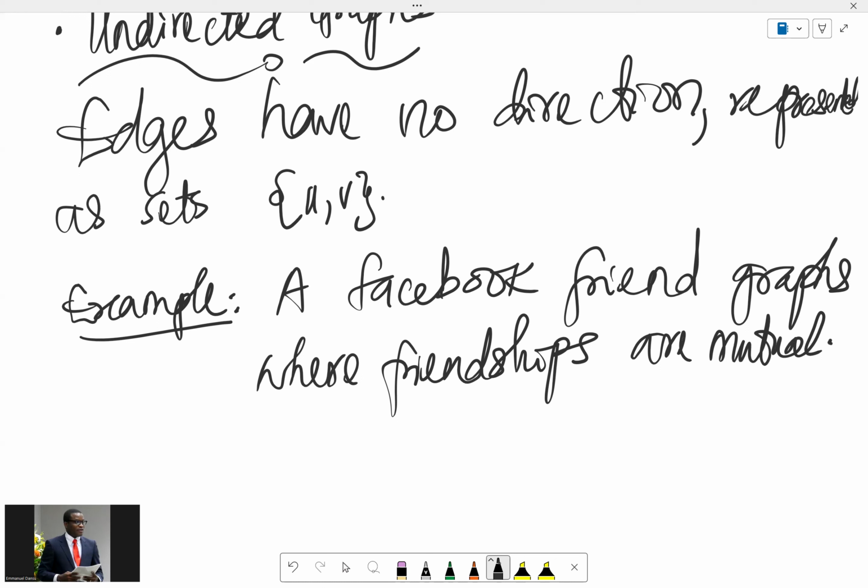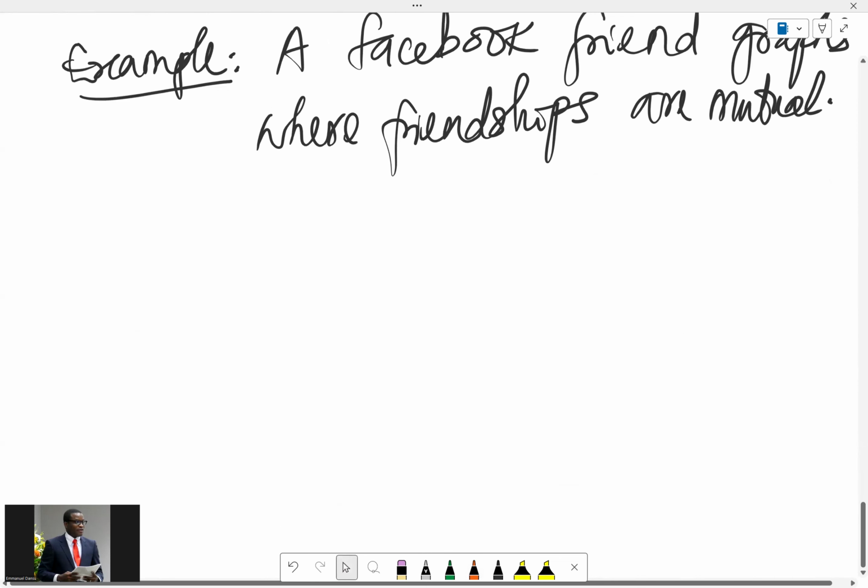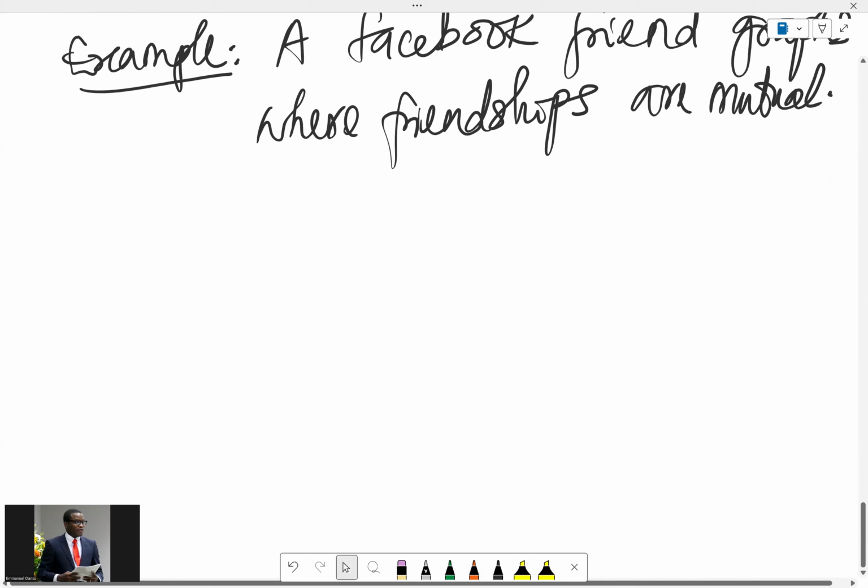Friendship has to be mutual. That is an undirected graph, where the edges have no direction and are represented as sets {U, V}, whereas for directed graphs you have ordered pairs (U, V) because it's directional. So that's the idea of directed and undirected graphs.